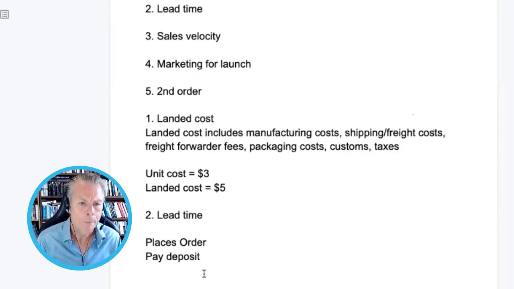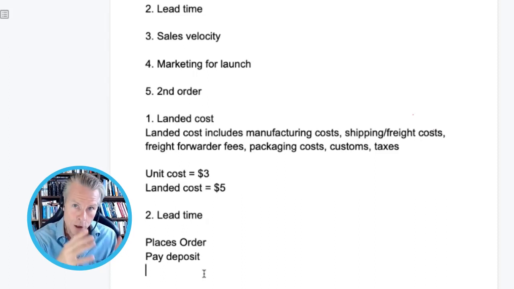What comes next? We pay the deposit. Then as far as lead time goes, they will go into production. They will put your product onto their production line, and depending on how busy they are, they'll start the production process.